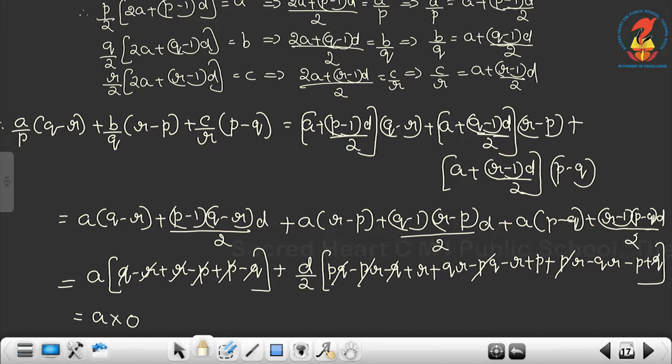Yes. Plus Q minus R plus R, QR. Everything cancels. So D by 2 into 0. So what is the answer? 0. So we proved it.